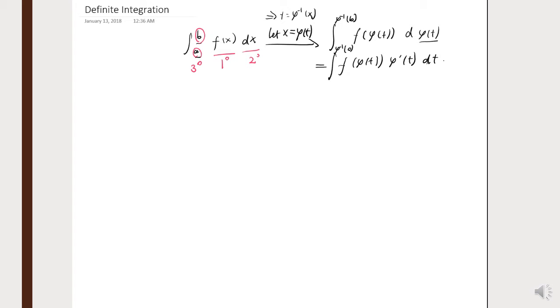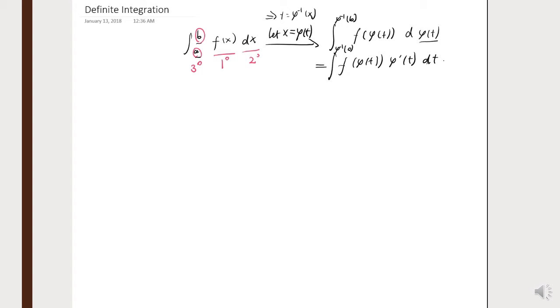Because we have changed the integration variable from x to t, we need to be careful to make sure that the integration range about t corresponds to that of x.